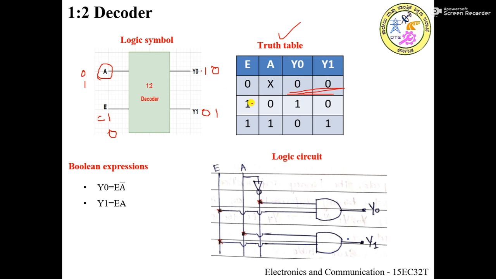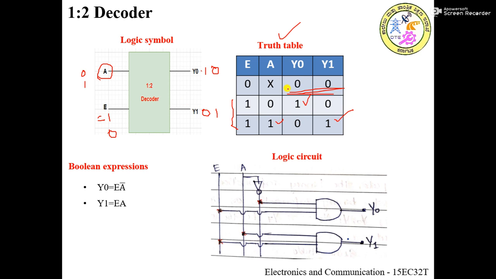Next, for the next two combinations, if enable pin is 1 and the binary information on the input line is 0, then Y0 is activated, meaning it is made 1, and Y1 is not activated, so it will be 0. And if A is 1, then Y1 is activated, so it is 1, and Y0 is not activated at all, so it is 0.